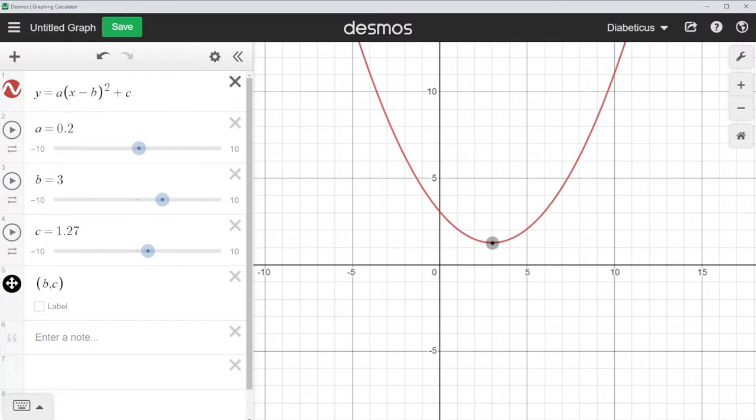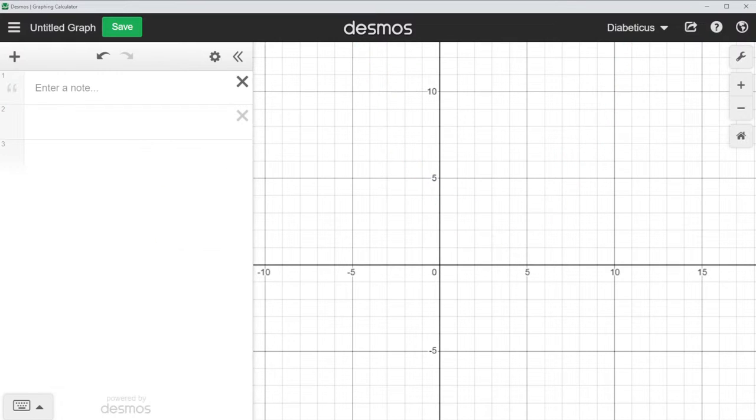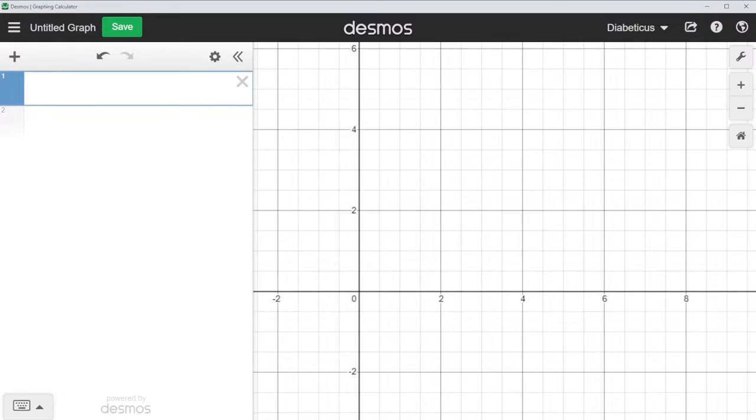Let me scrap all this away and find a new formula for a parabola that expresses base and height. I want one parabola that's in the first quadrant, just the first quadrant. Let me do the base parabola first.